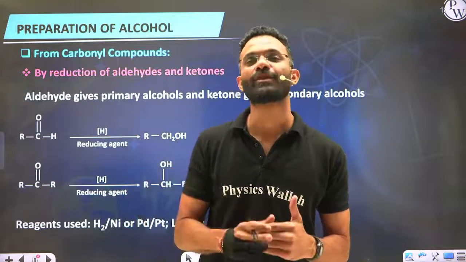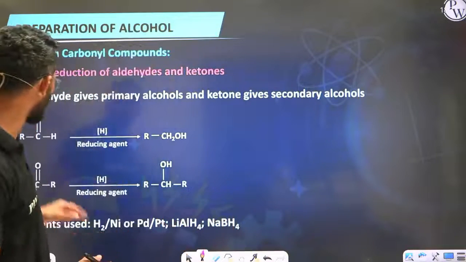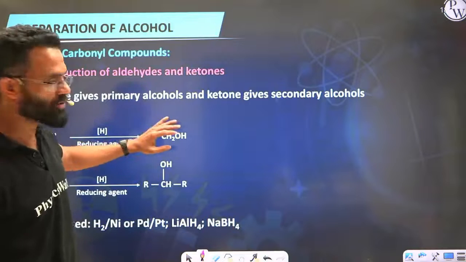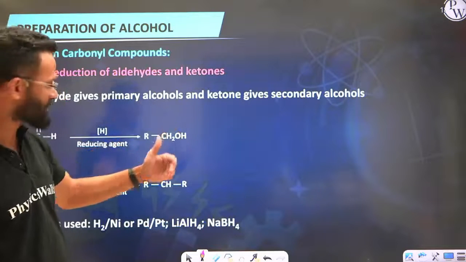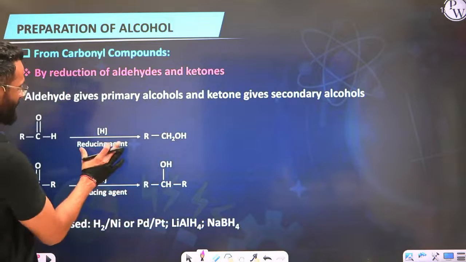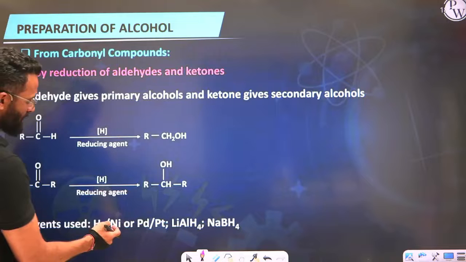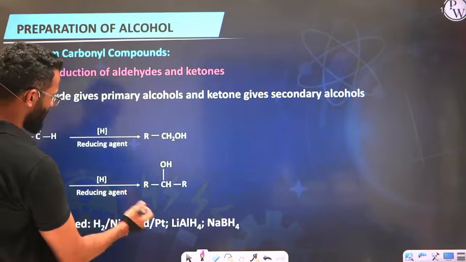But another new reaction that we have to study today is the conversion of carbonyl compounds into alcohol by a process of reduction. Reduction can be carried out by catalytic hydrogenation, where you pass hydrogen gas in the presence of nickel, platinum or palladium metal.